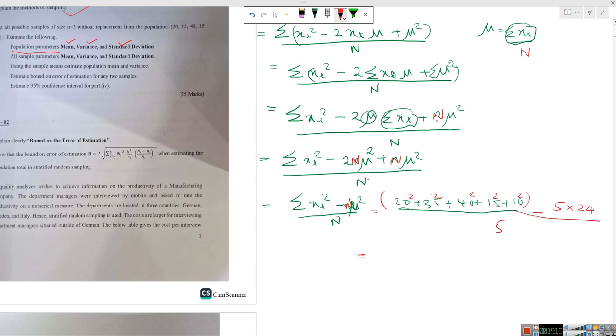Now if you simplify this, let me just do it for you: 20 squared plus 35 squared plus 40 squared plus 15 squared plus 10 squared, minus 5 times 24 squared, divided by 5, is equal to 686.